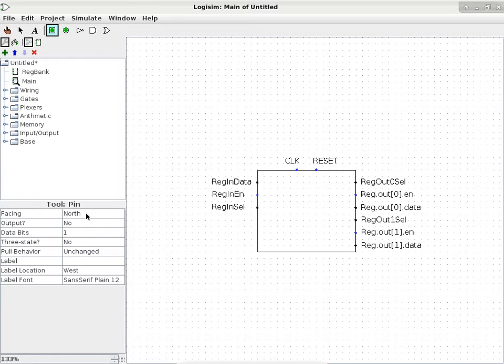So we want it to face south. One for clock, one for reset, and then data register input enable needs one.